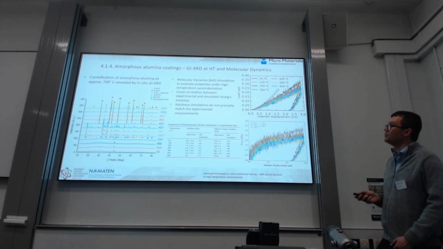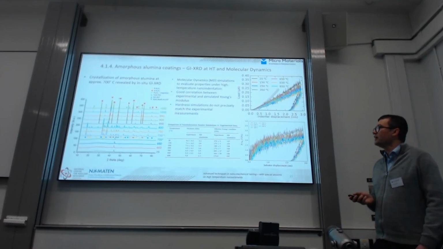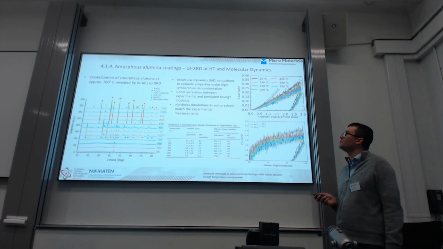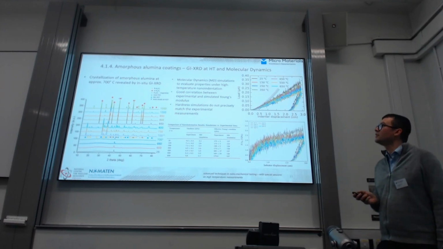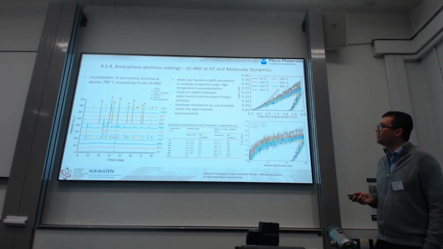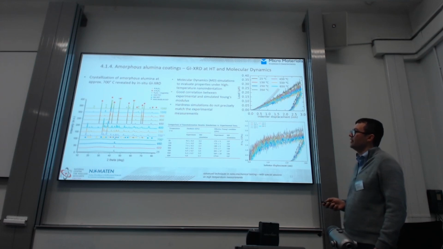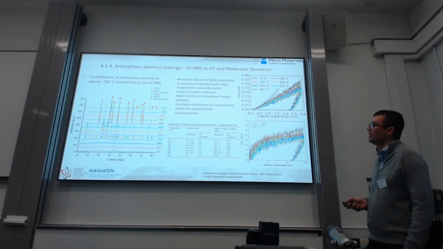And to analyze the crystallization behavior of the alumina thin films, we perform in situ grazing incidence X-ray diffraction at different temperatures, as you can see in the graph. And we can see that at 650 degrees C, the alumina coating is still amorphous.